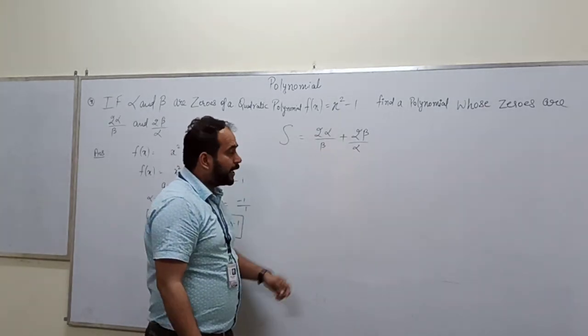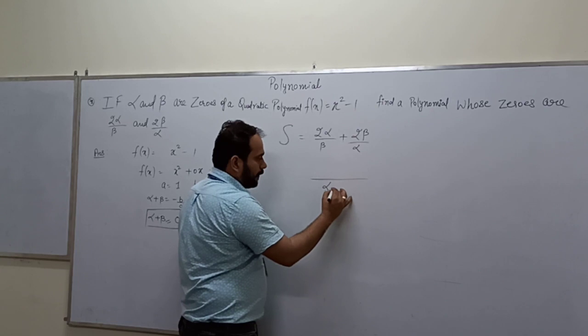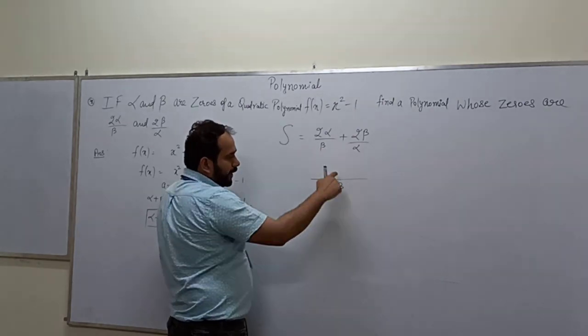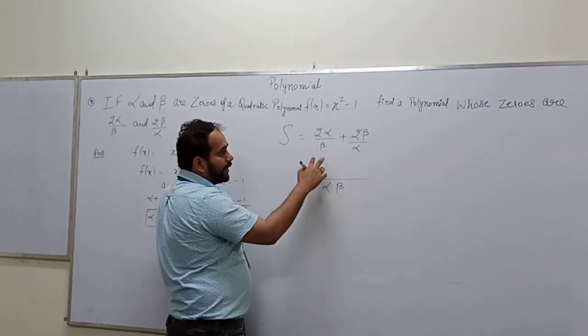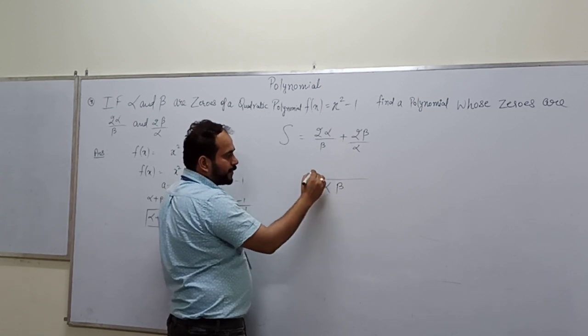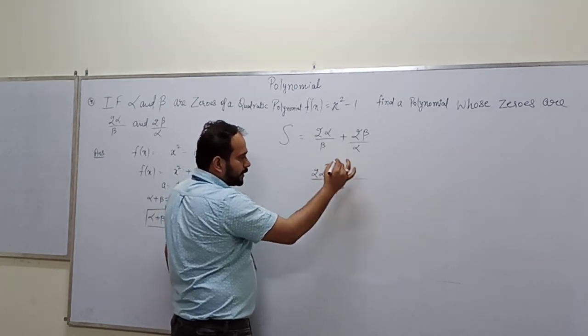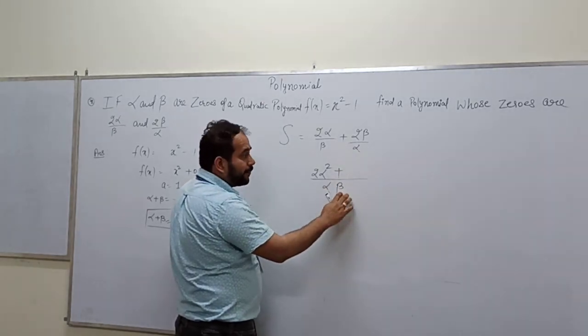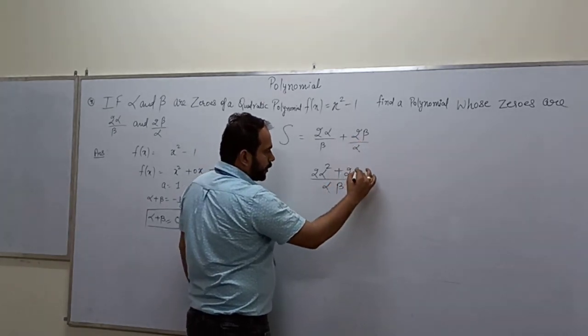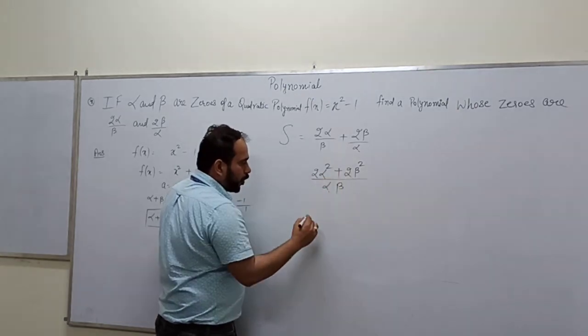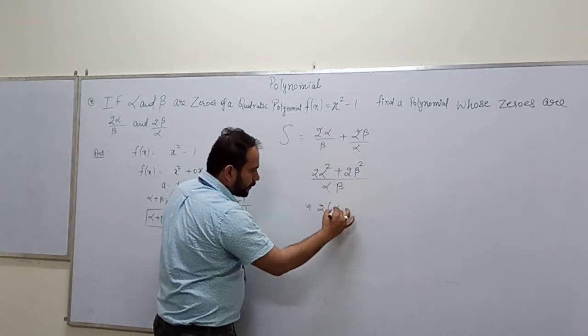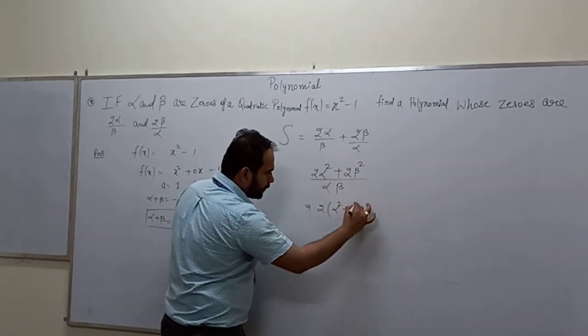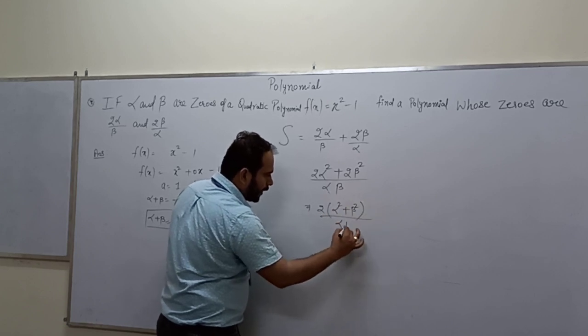So alpha and beta LCM will be alpha beta. Beta and beta are same. So I have to multiply the numerator by this term, which will be 2 alpha square plus, same, multiply by beta, we'll get 2 beta square. Taking 2 common from here, 2 times alpha square plus beta square upon alpha beta.